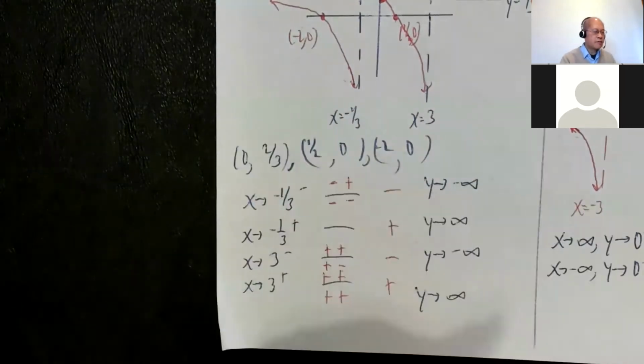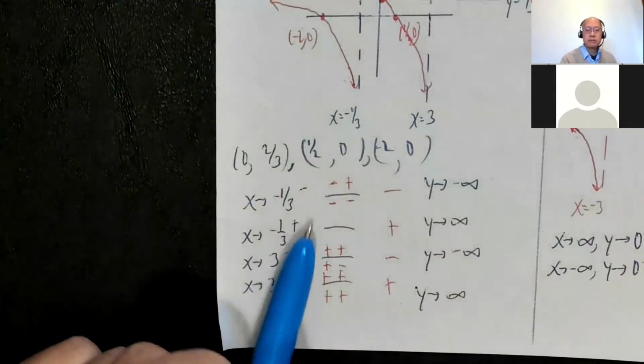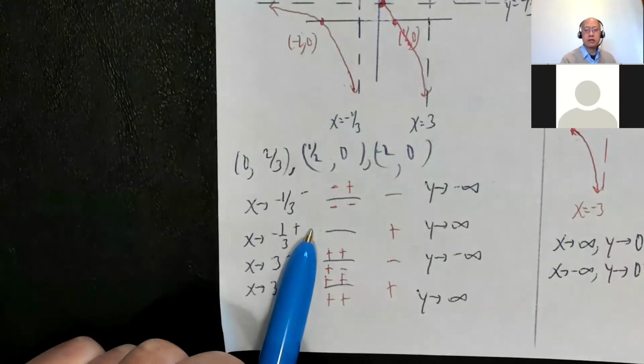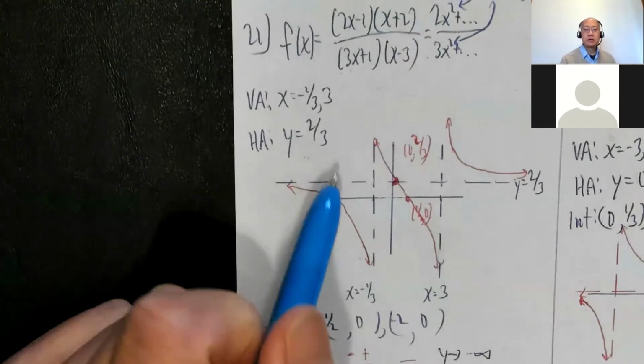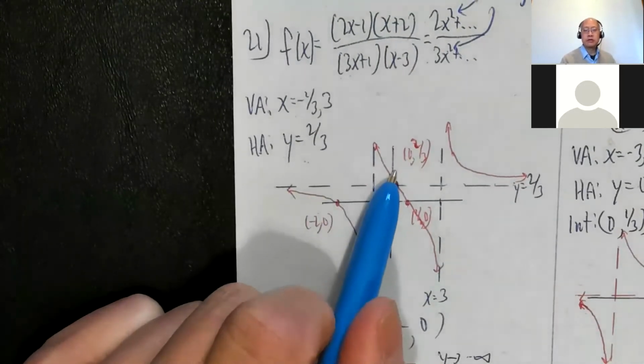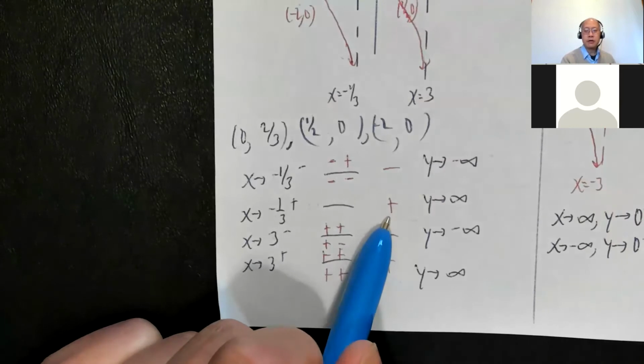Over here, it doesn't even look like I filled out the chart. A little bit to the right of negative 1/3 is like 0. Maybe that's why. 0 gives me 2/3, so positive. I just directly plugged in.